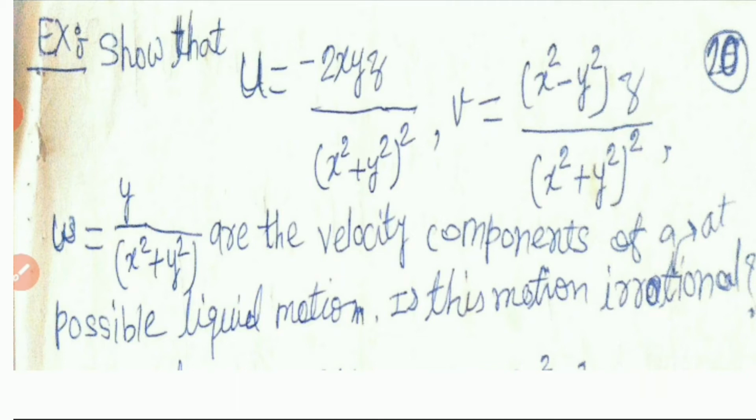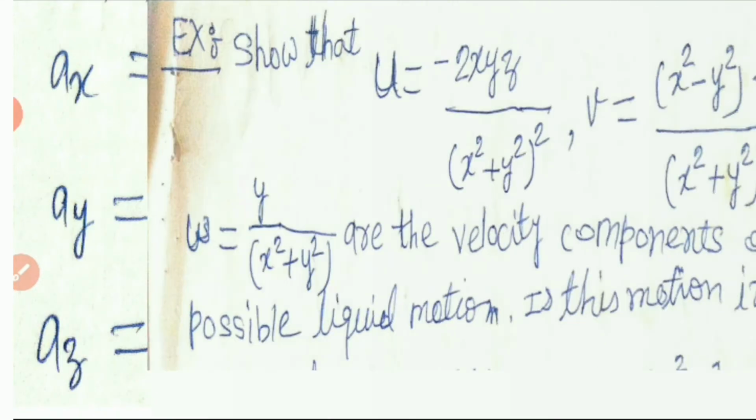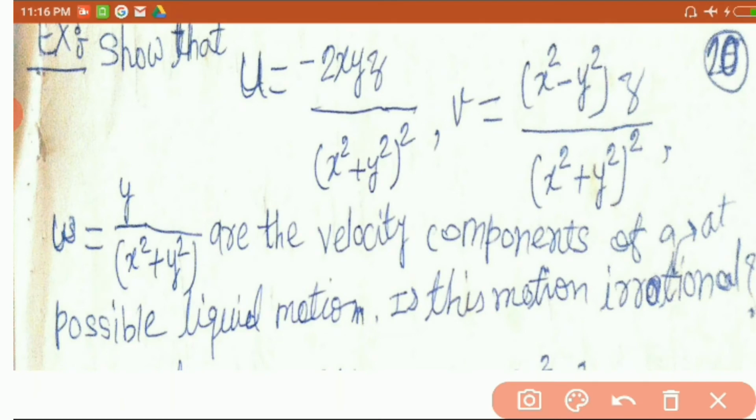So what we do here, we have given u is equal to minus 2xyz upon x square plus y square whole square, v is equal to x square minus y square bracket close z upon x square plus y square whole square, and w is equal to y upon x square plus y square. We have given this.